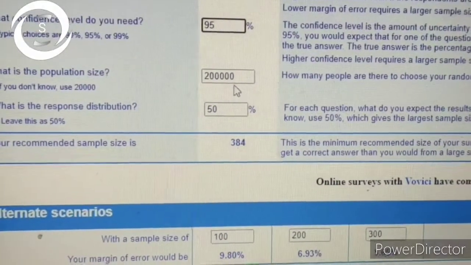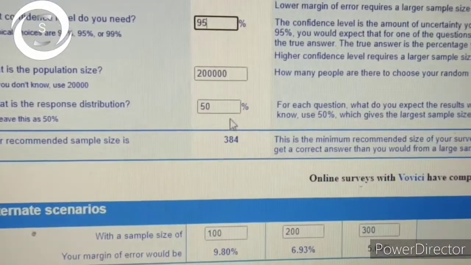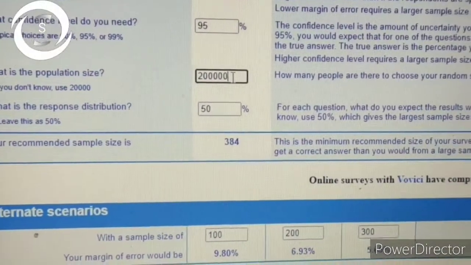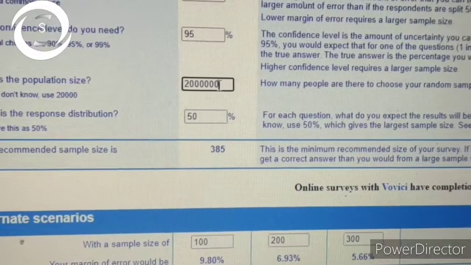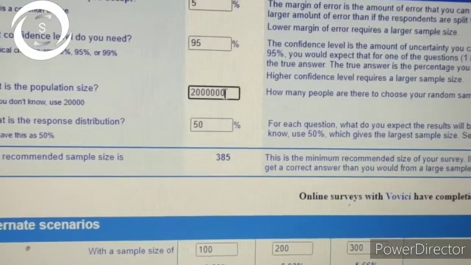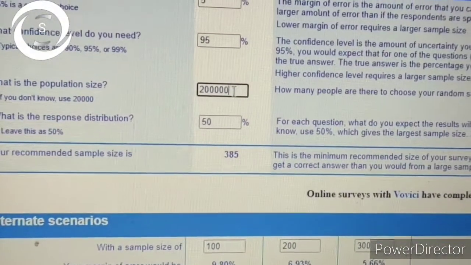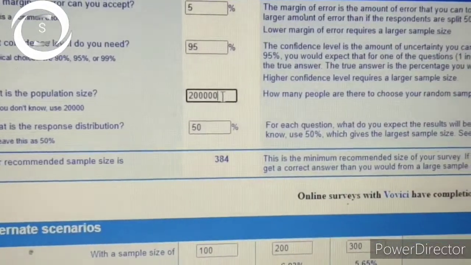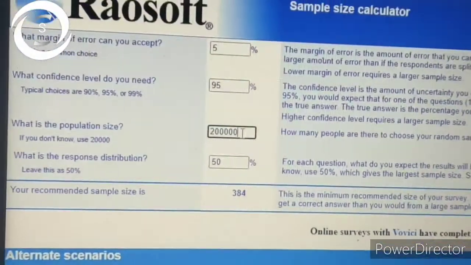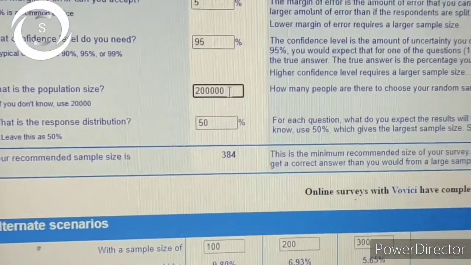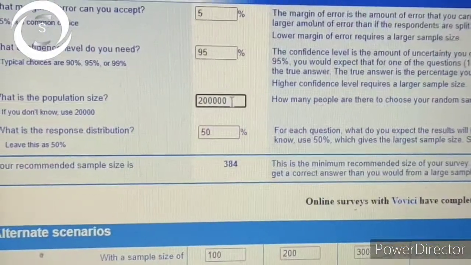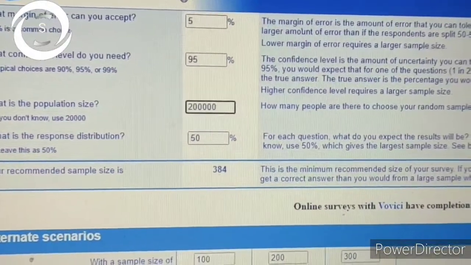Population is 2 lakhs, and if we increase it further, from 2 lakhs we have made it 20 lakhs, but the sample size is still just about the same. So if you increase the population beyond 20,000, there is little effect on the results.